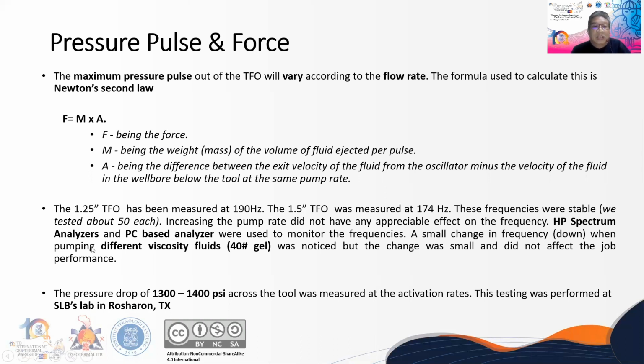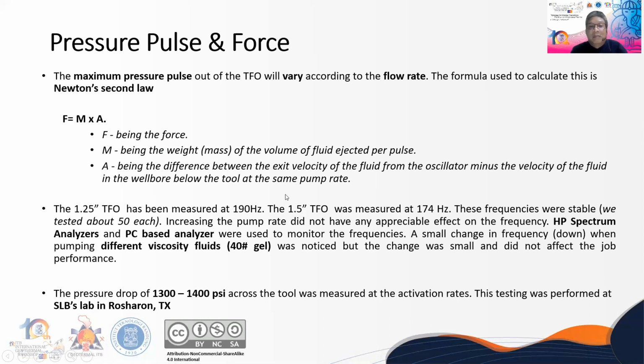In the test, we show that the 1.5 OD TFO will create 190 hertz. So in 1 second, it will create 190 pulses. And then the 1.5 inch OD TFO was measured at 175 hertz.